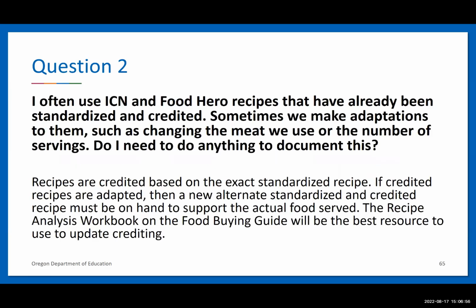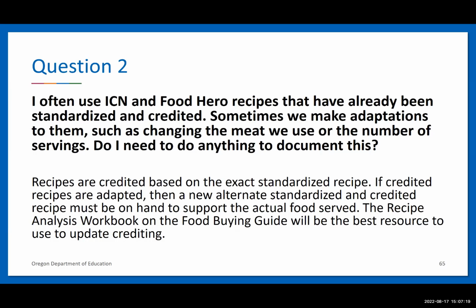I often use ICN and Food Hero recipes that have already been standardized and credited. Sometimes we make adaptations to them, such as changing the meat we use or the number of servings. Do I need to do anything to document this? Shirley, can you take this one? Of course. So recipes are credited based on the exact standardized recipes.